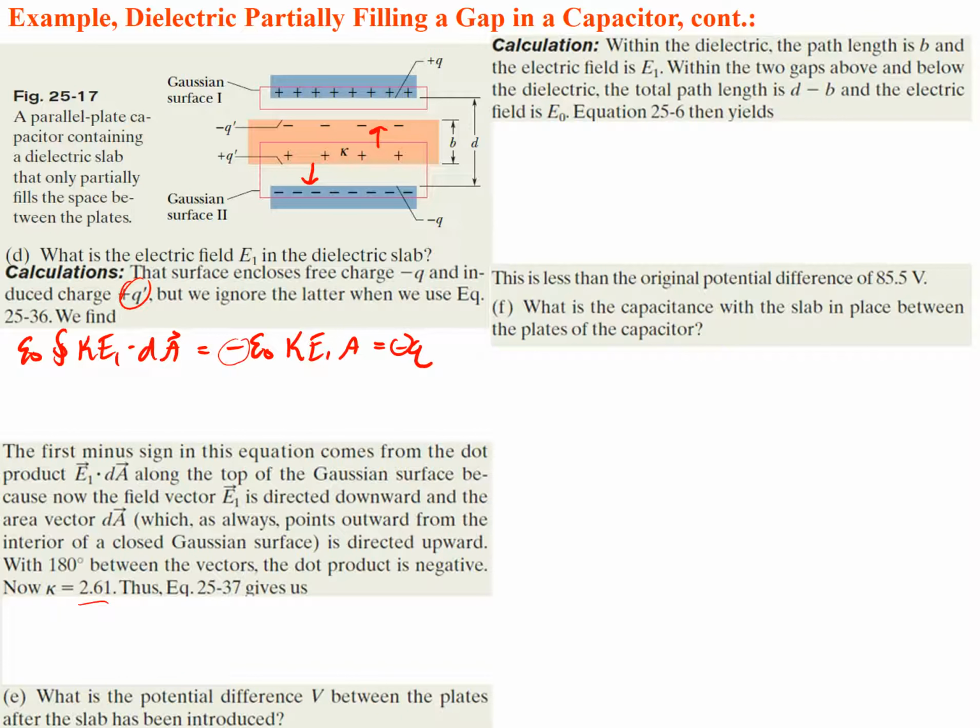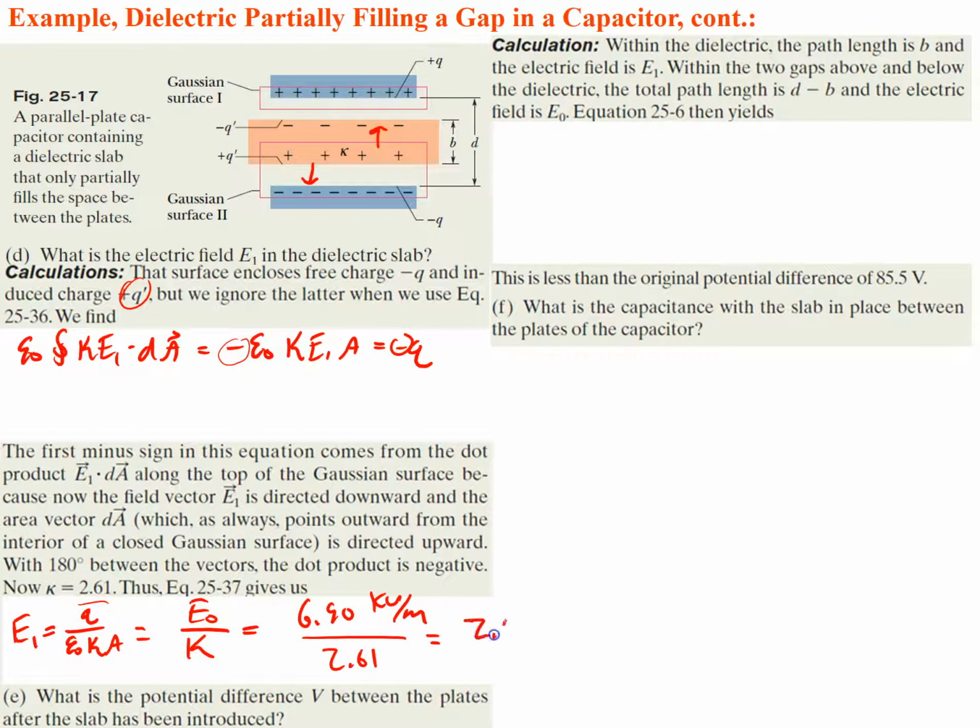So that's going to be 6.90 kilovolts per meter divided by our dielectric constant, 2.61. So we get E1 is equal to 2.64 kilovolts per meter.